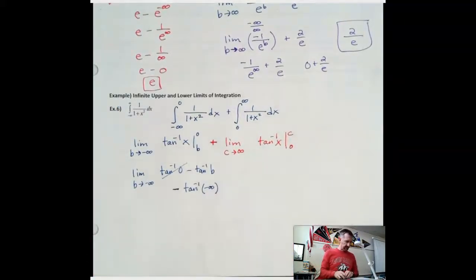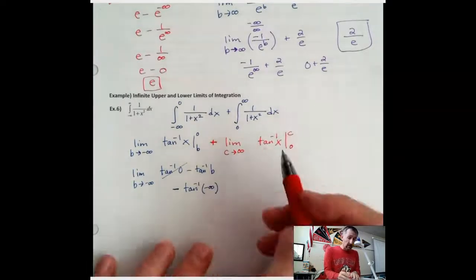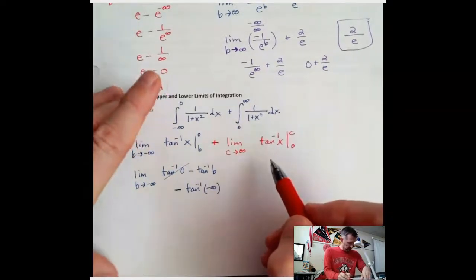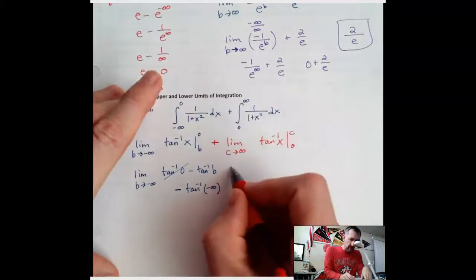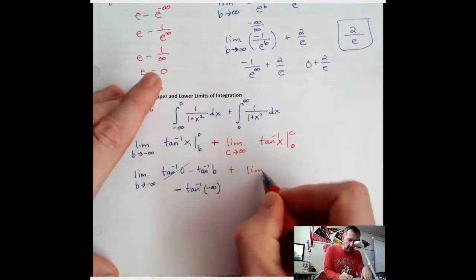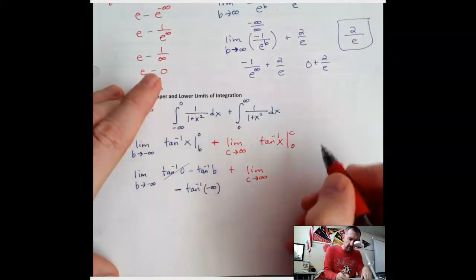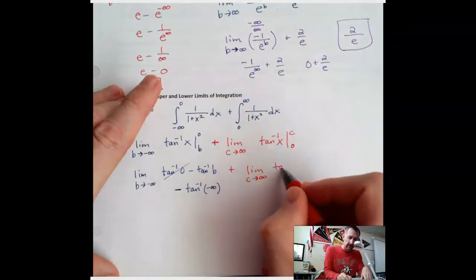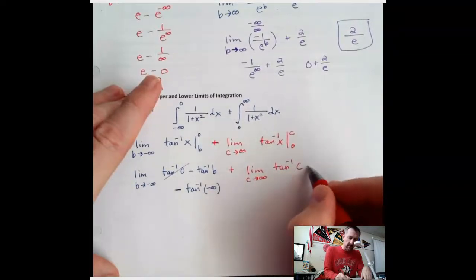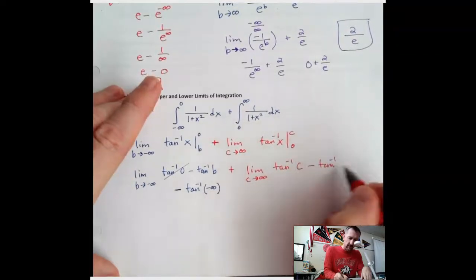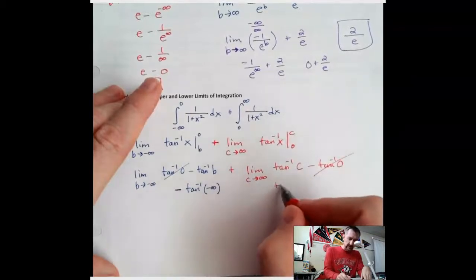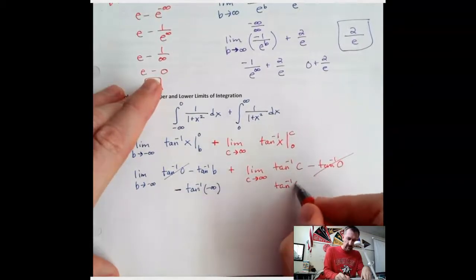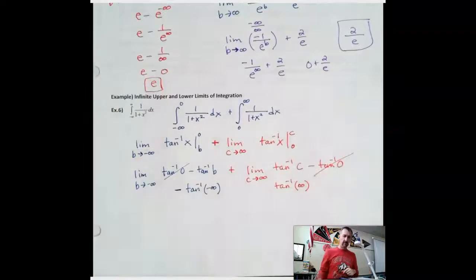And now over here, that's going to be the limit as c approaches infinity of the inverse tangent of c minus the inverse tangent of 0, which we just talked about as 0. So this is the inverse tangent of positive infinity.